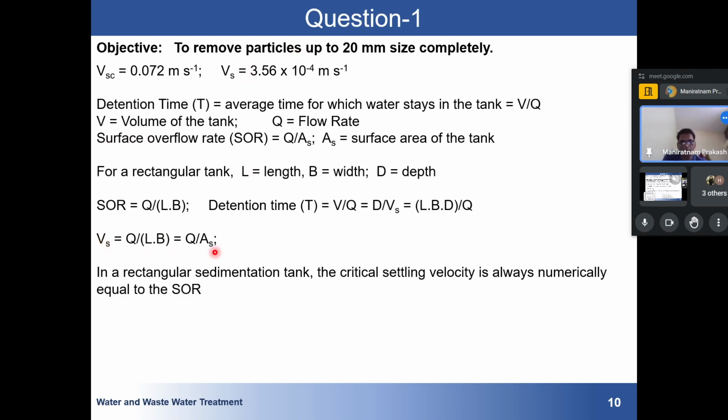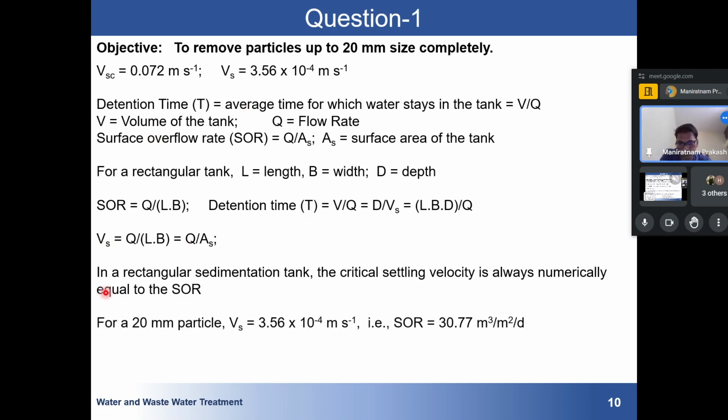What you will try to do is keep your L and B in such a way that these velocities are equal, to make sure that all the suspended particles in the system get settled down. If we put all these values here, you can calculate the value of SOR.